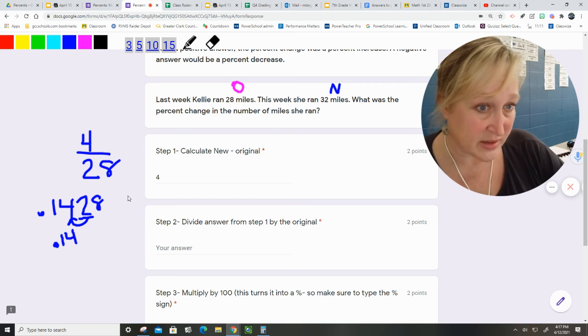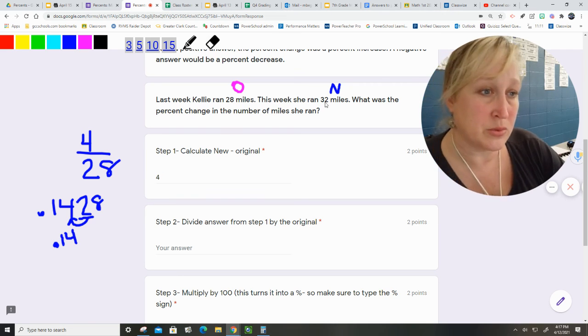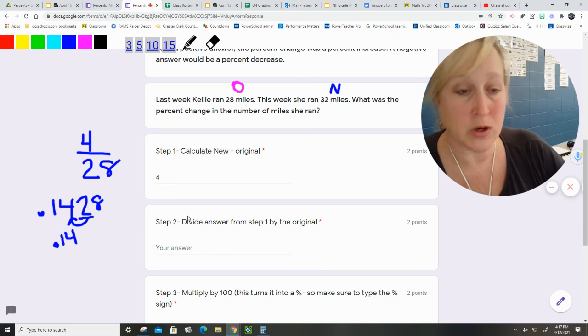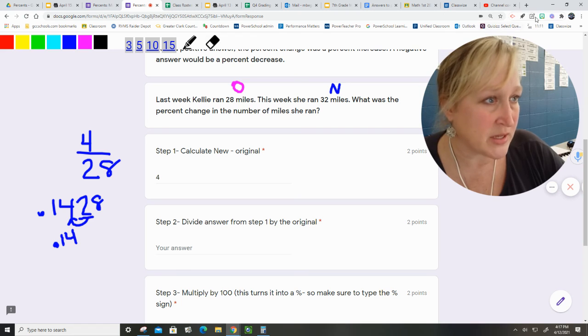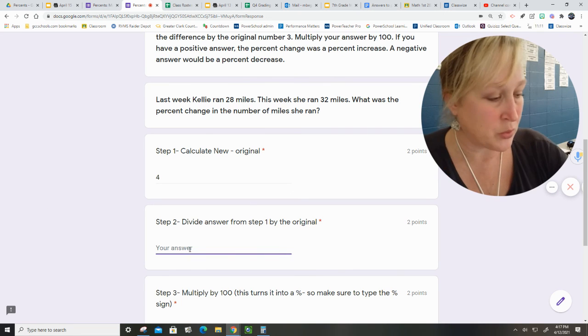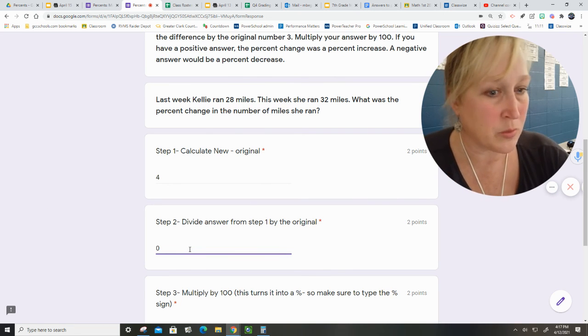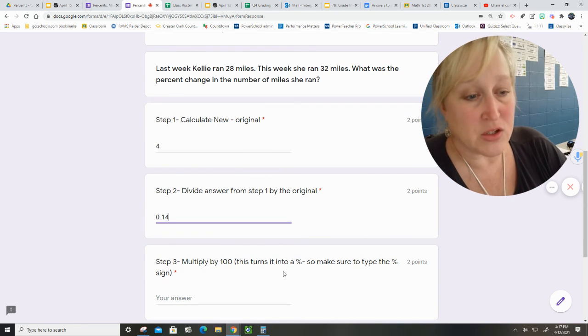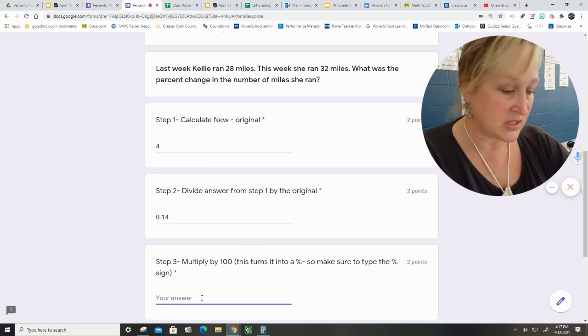So it sticks at 0.14. And it's increasing because 28 went up, it's increasing. I didn't have a -4. So I'm going to put down this answer, 0.14. And then I multiply it by 100 to turn it into a percent. I don't need to do that anymore.